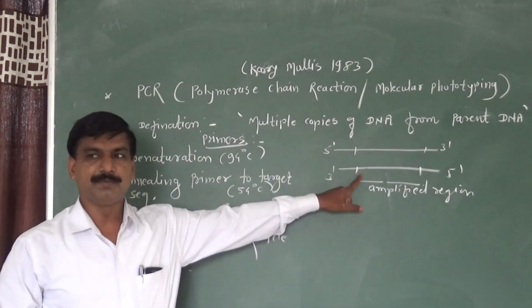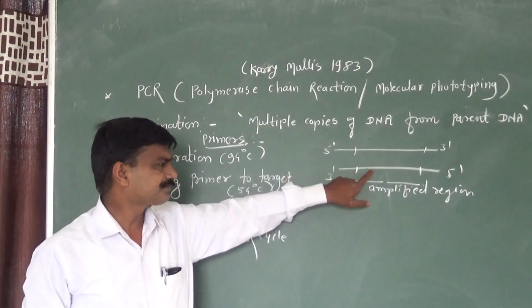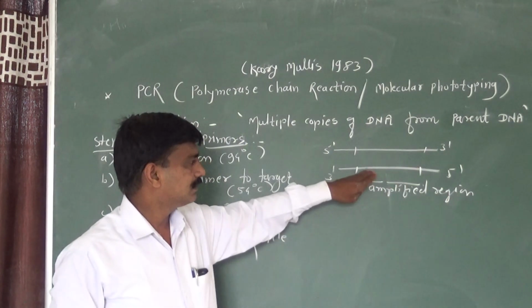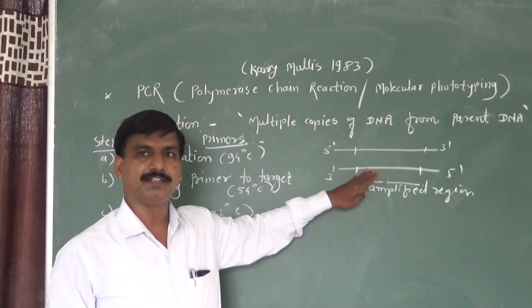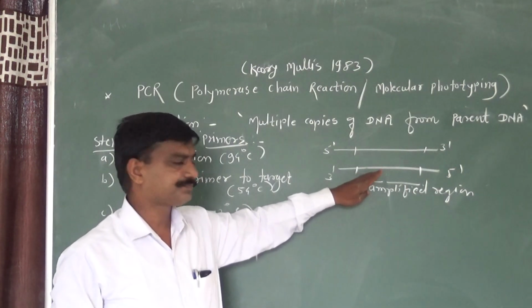Here we select the amplified region on the strand, because that is the region which will be amplified into multiple copies of the DNA molecule.